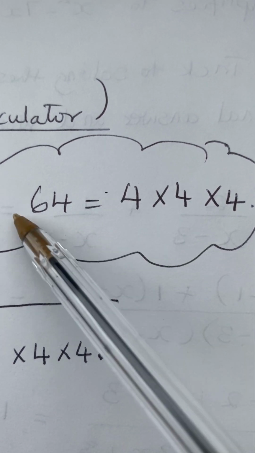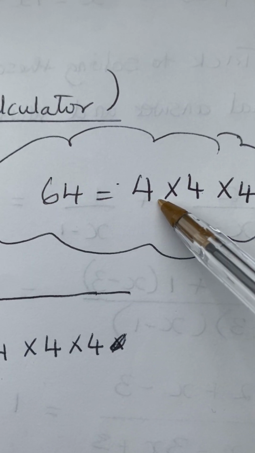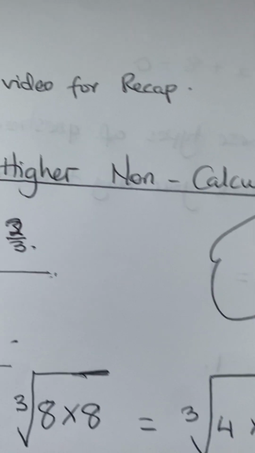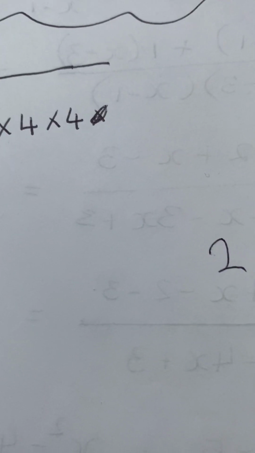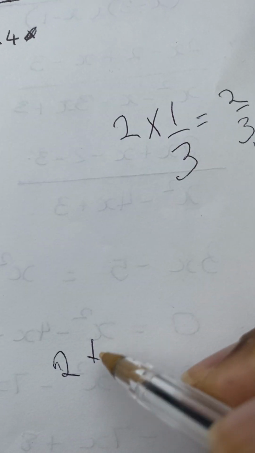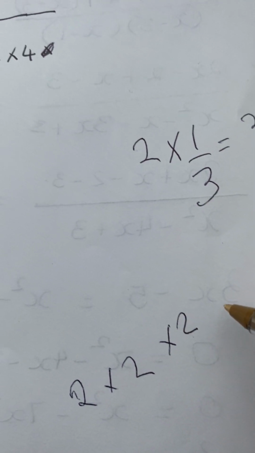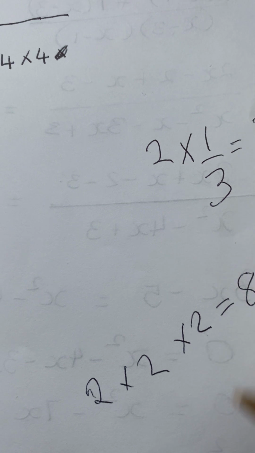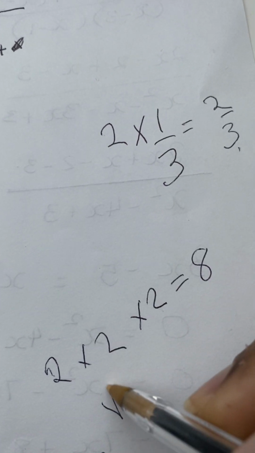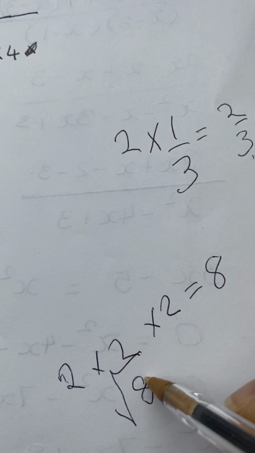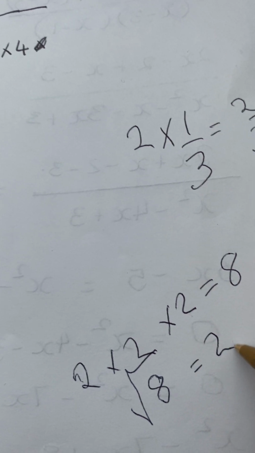So the cube root of 64 is 4. Something like 2 times 2 is 4 times 2 is 8. Okay, so the cube root of 8 is 2.